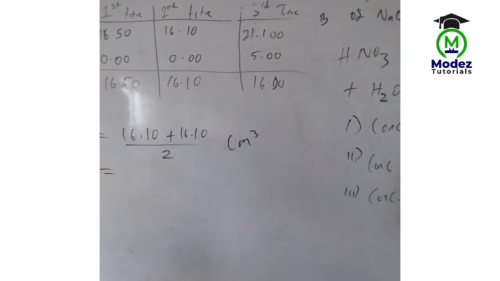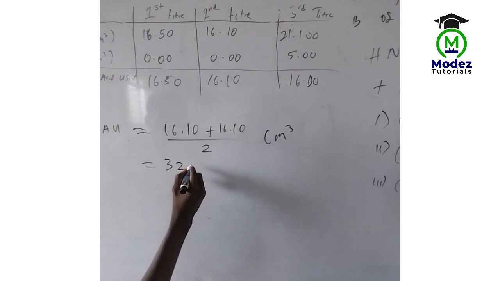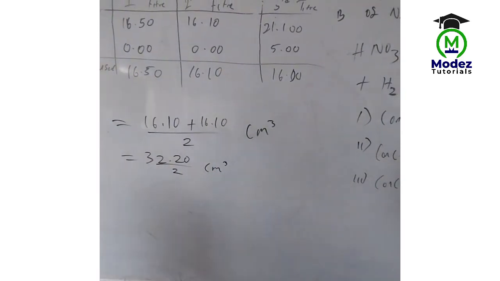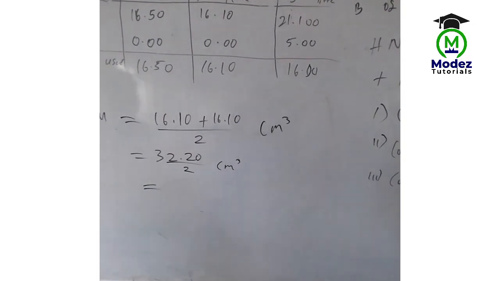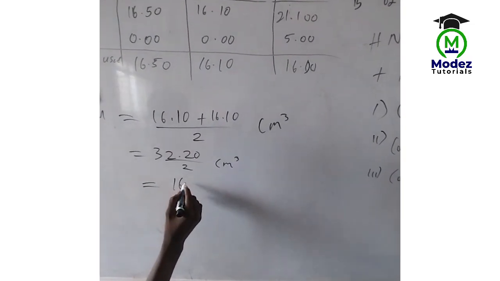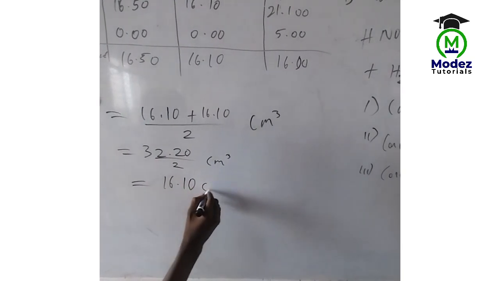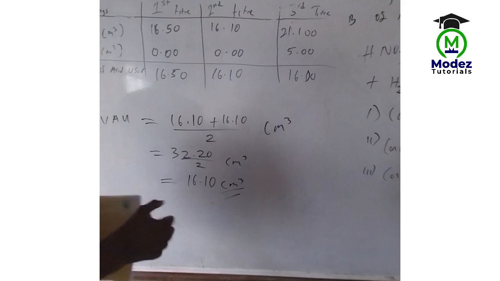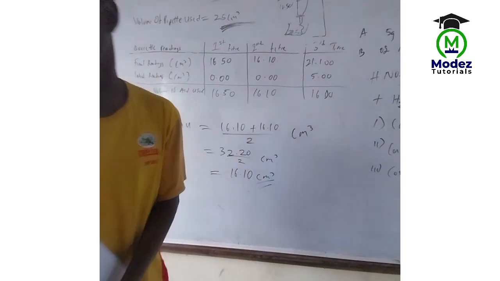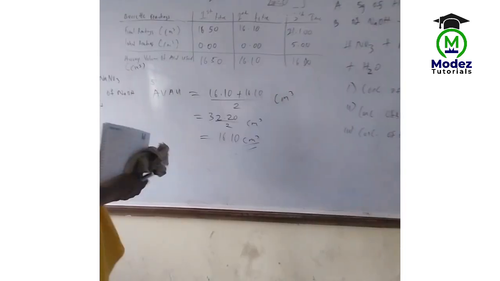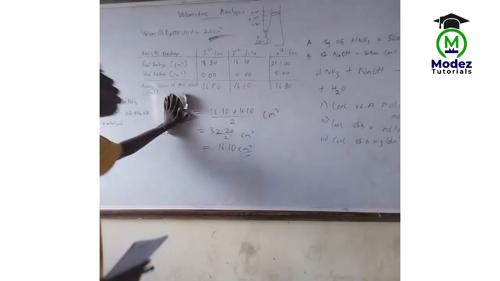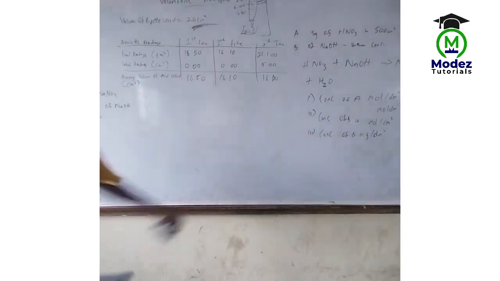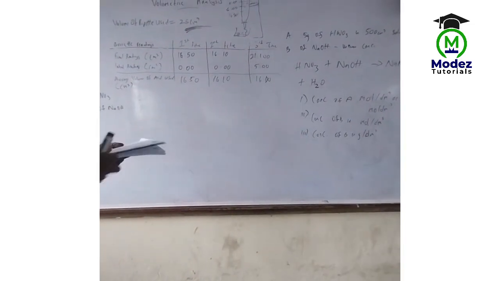Calculating this together, you have 32.20 over 2 cm³, which equals, if you punch your calculator, 16.1 cm³. So that's the average volume of acid used. So now I'm going to calculate the concentration of A in mole per dm³.